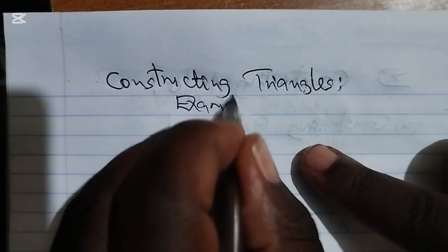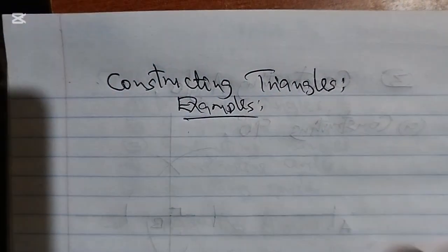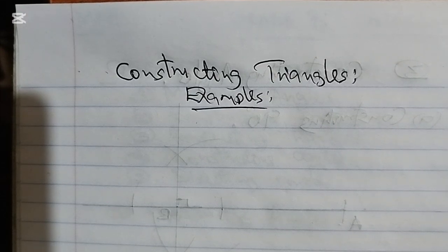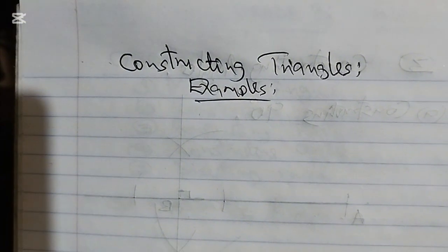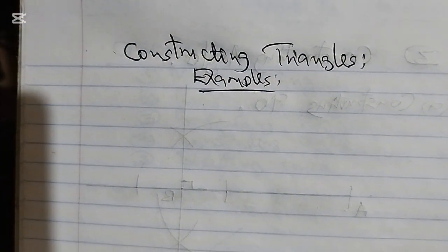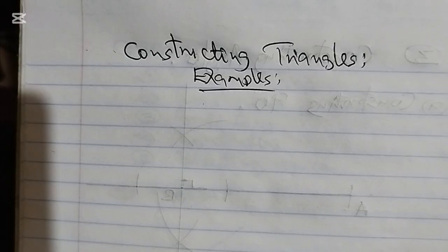Let's have these as our examples. Constructing triangles is our next area of discussion, which I have said we are going to make use of real examples. We are going to make examples. We are going to be very, very categorical here.